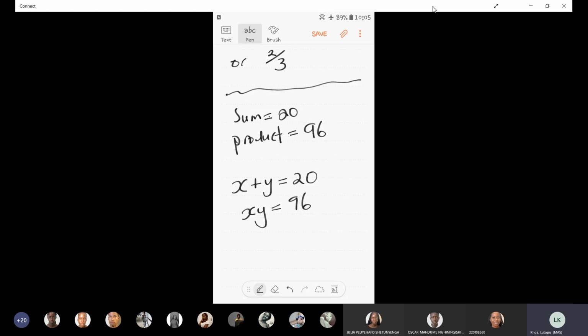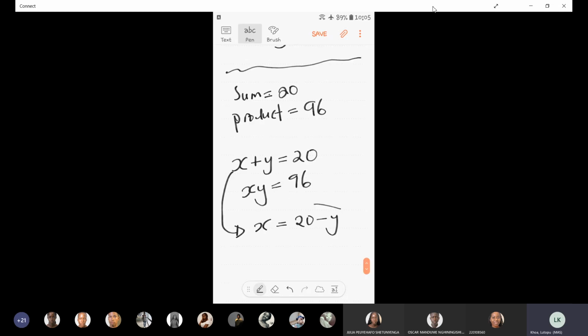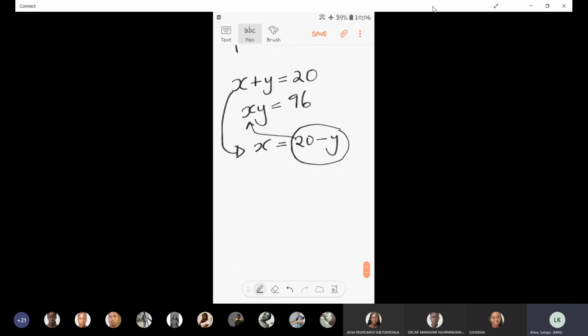So here I will say from this one over here, I will say x is equal to 20 minus y. And then what I will do is this 20 minus y, I will substitute it over there so that I have one equation with one variable that I can solve.